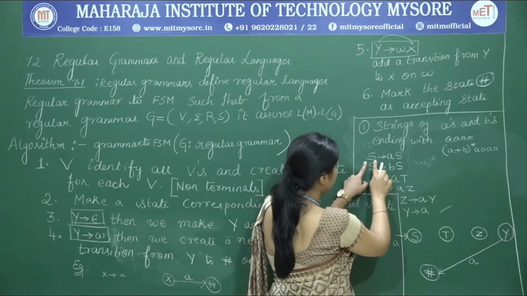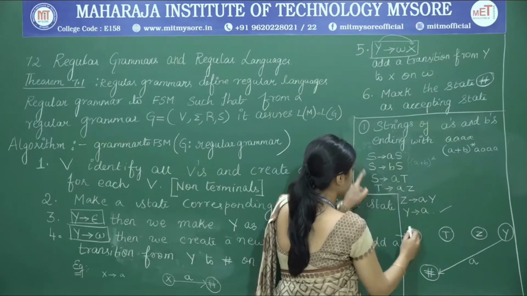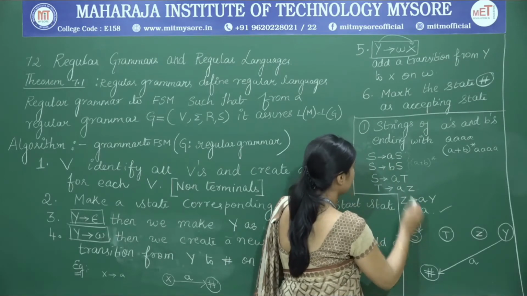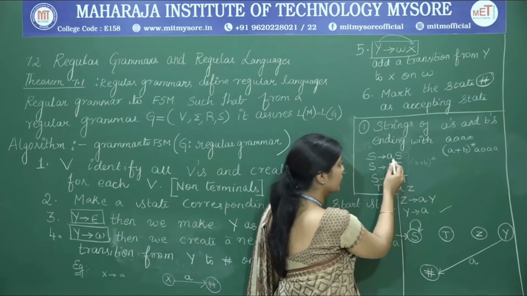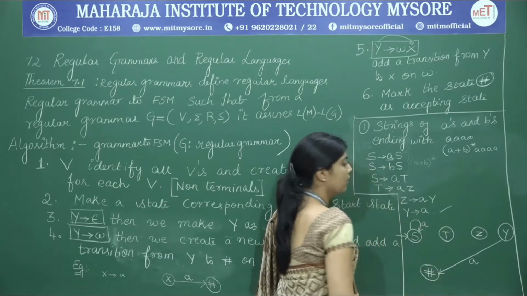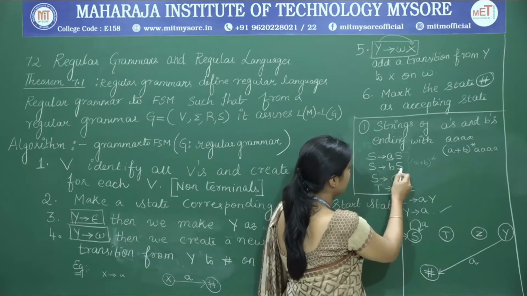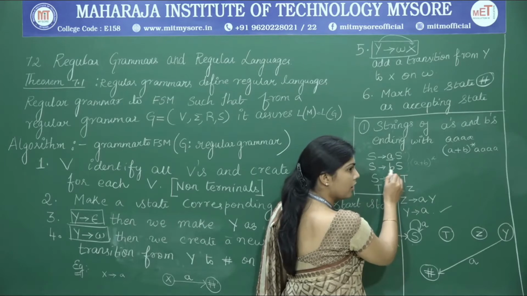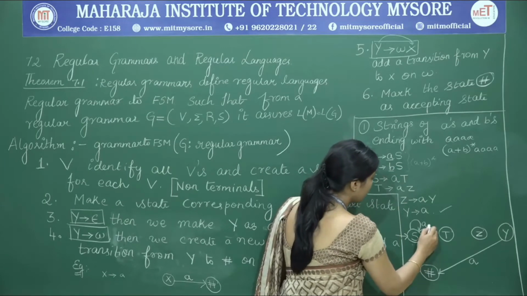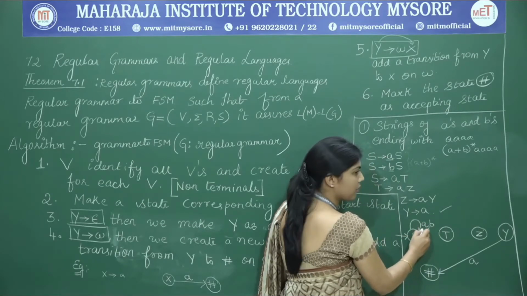So here we look: S goes to aS, so it is S to S on a. So S to S we add a. Next, again from S to S on b, so I write a comma and b, because it is the same S to S transition.